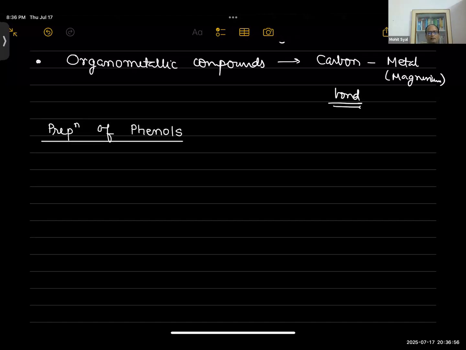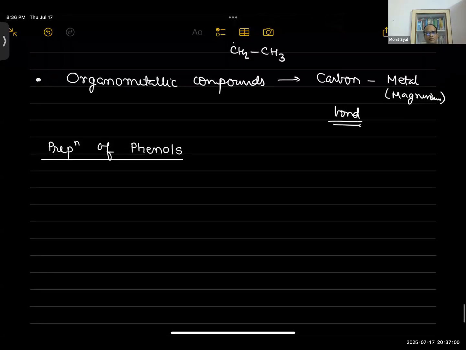So let's look at the preparation of phenol. We need to discuss it entirely separately because it has entirely different properties. Is it clear?